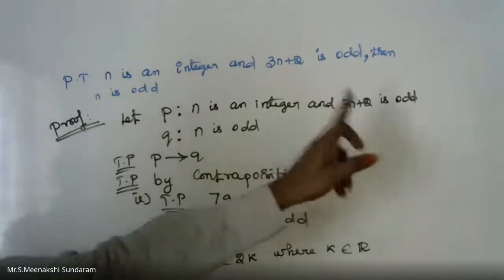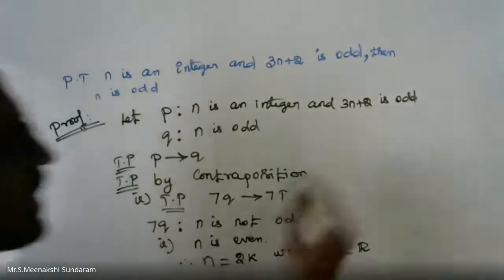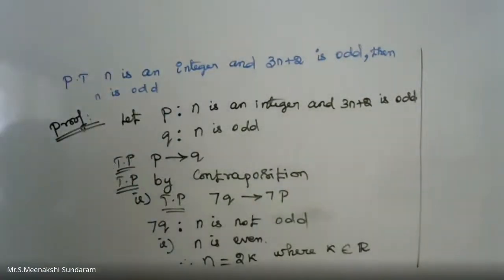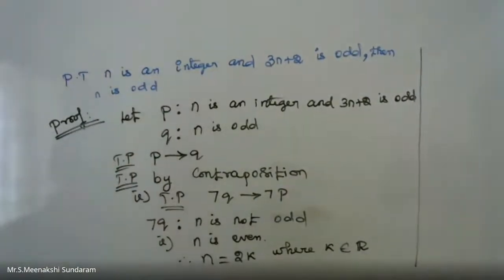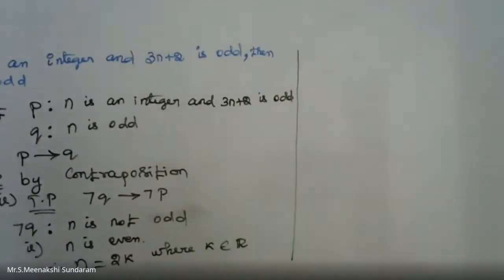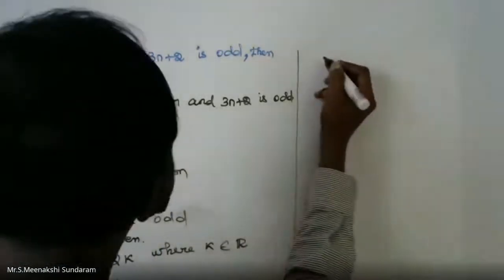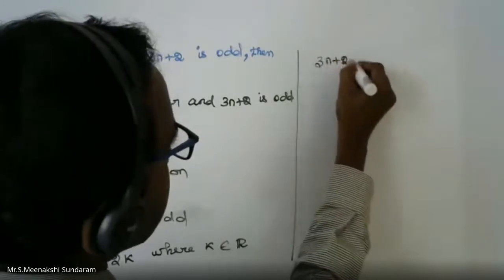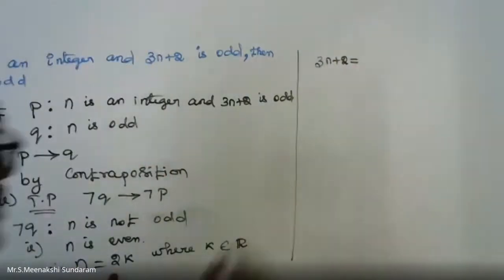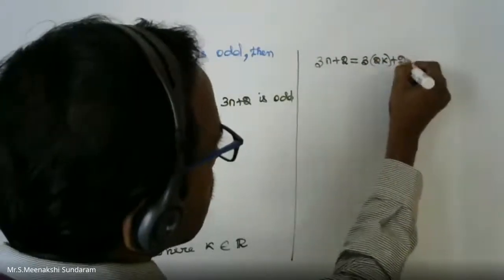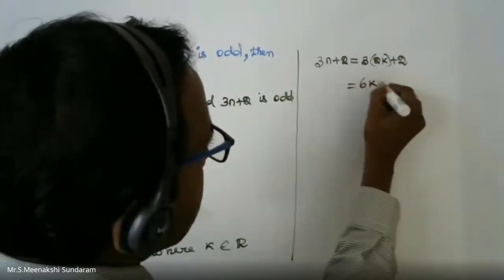I like to go for 3n plus 2. Try to copy this one. So n is equal to 2k. Then 3n plus 2 is 3 into 2k plus 2, that is equal to 6k plus 2.